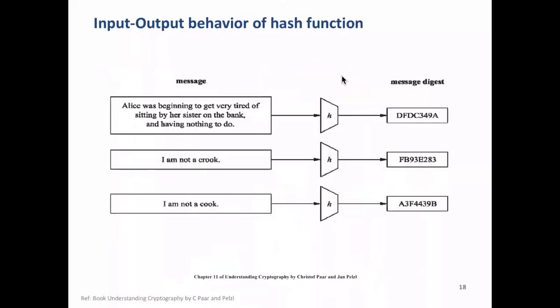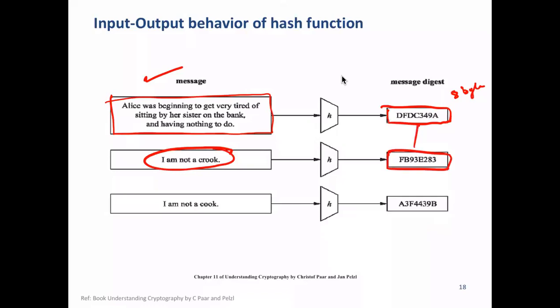Okay, so if this is a message which is very big, and you apply a hash function here, then you get output of this size, 8 bytes. If it's a very small message, "I am not a crook", then you get this one, which is of the same size.